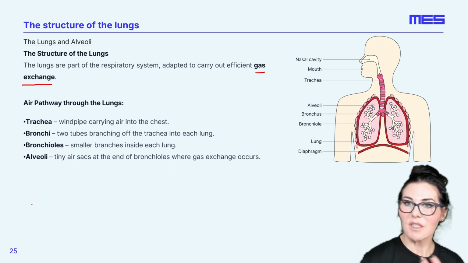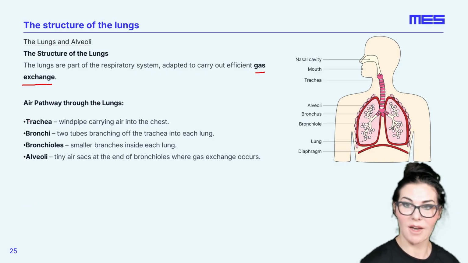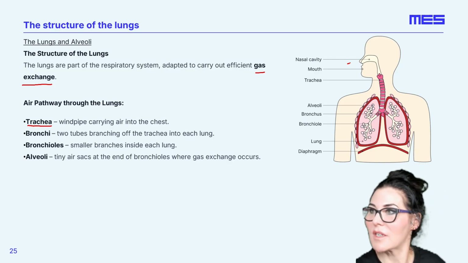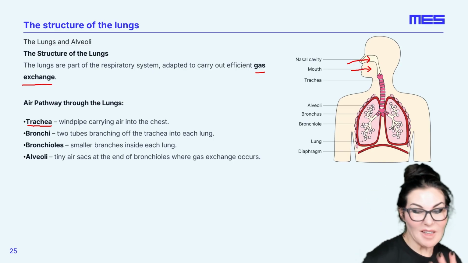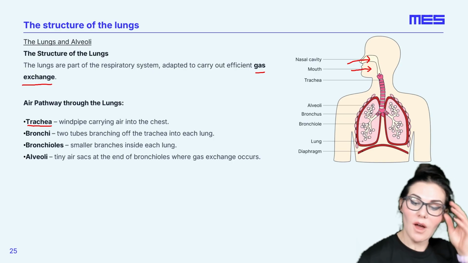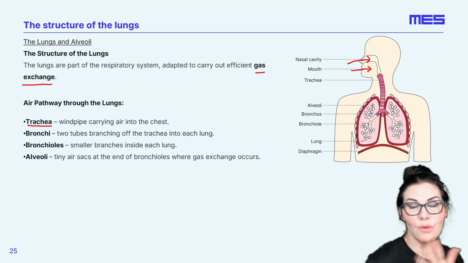Now, there are a variety of tubes that air has to pass through to reach the point of gas exchange, which is at the alveolus. And it all starts at the trachea. Obviously, air has to be breathed in through the nose or through the mouth. It's actually better to breathe in through the nose because you've got hairs there that can filter the air. You've also got lots of blood vessels lining the nose, which warms the air as it passes through.